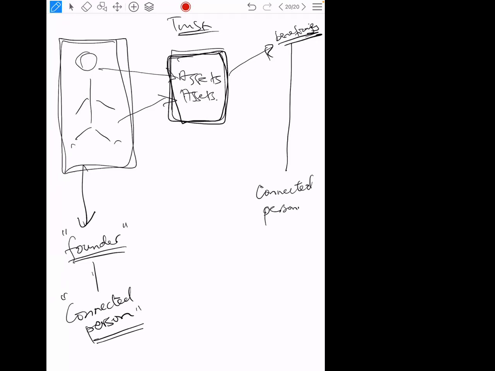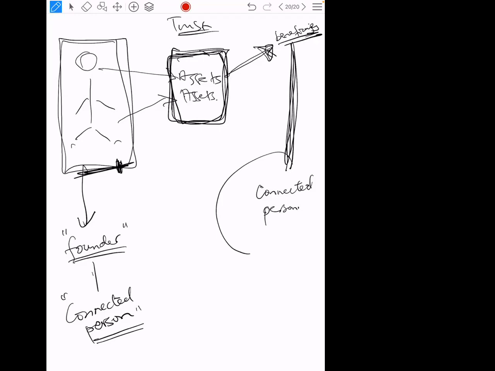These guys' relatives will be connected persons with the trust. The beneficiaries are connected persons to the trust. The relatives of the beneficiaries are also connected persons to the trust. The chain goes on. Now we have explained the concept of a connected person in relation to a trust.